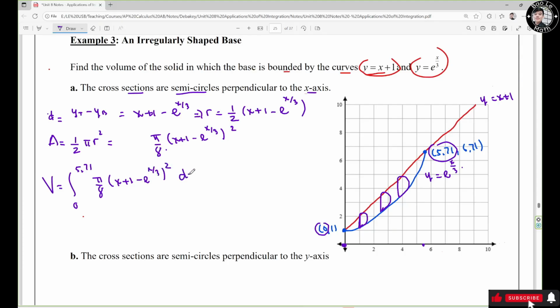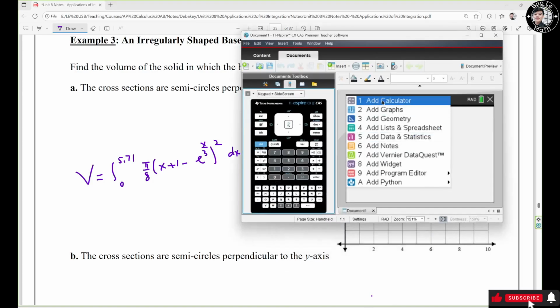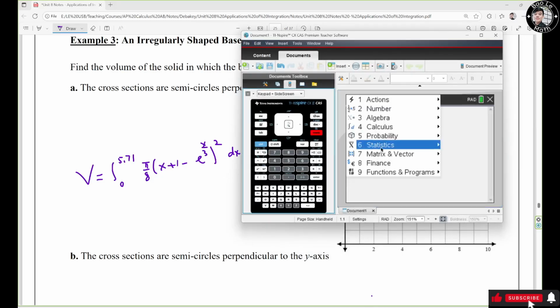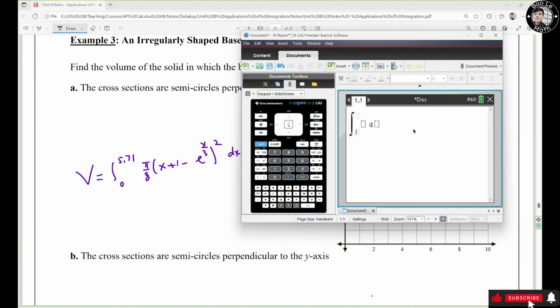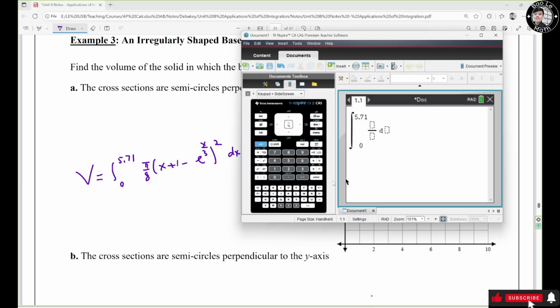Now we're going to bring up the calculator to calculate this one. So you're going to hit add calculator. Now press menu, calculus, integral from 0 to 5.71 of pi over 8. So you're going to press the button next to number 9 right here. Hit fraction.